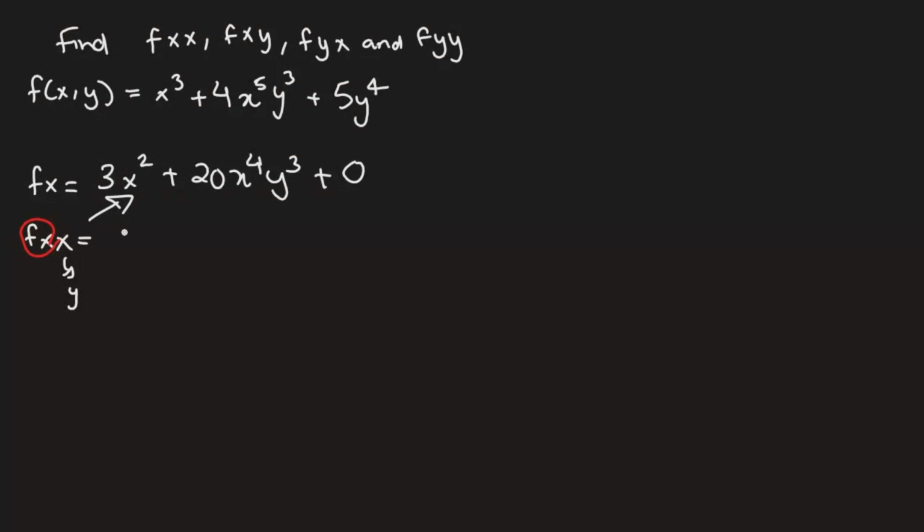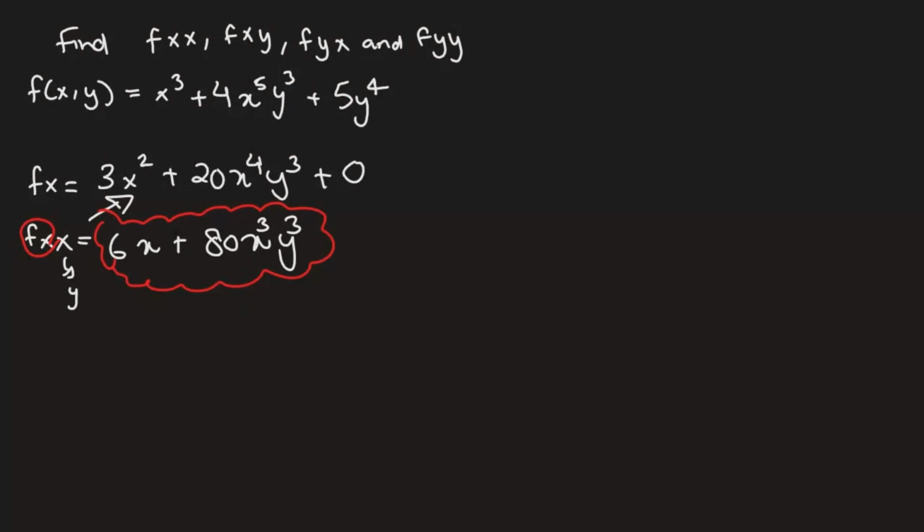So now differentiate it. Bring the 2 down, so this becomes 6x, and then subtract 1 from it. Plus bring the 4 down, so this becomes 80x, subtract 1. This is a constant, remains the same. So this is our answer for f_xx.